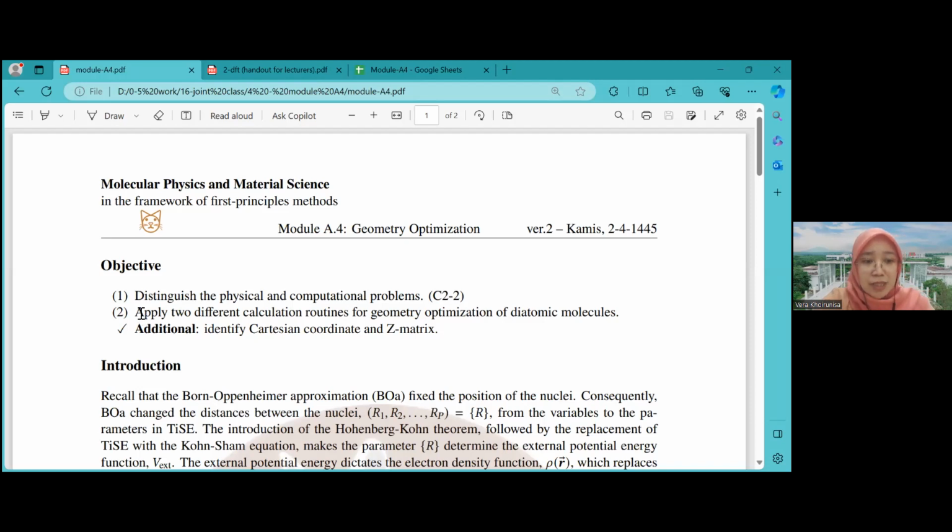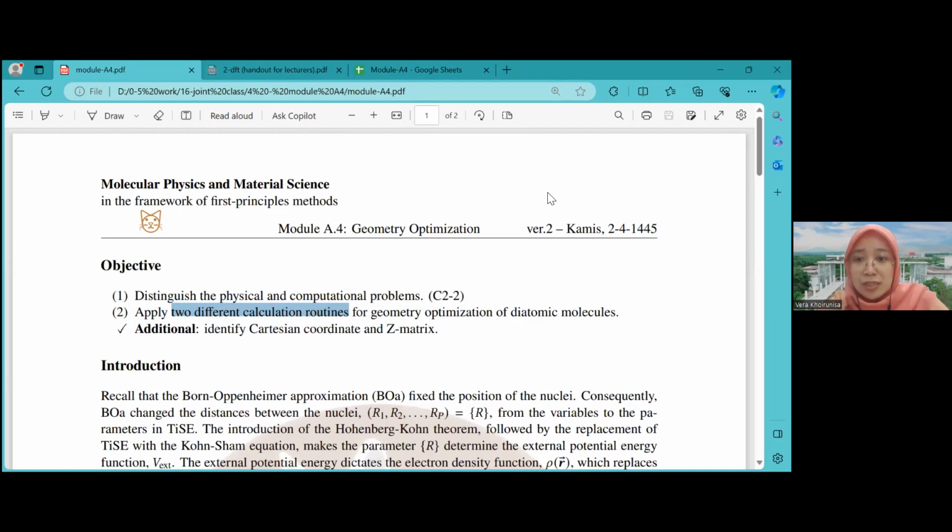The second objective is to apply two different calculation routines for geometry optimization of a diatomic molecule. Additionally, we will identify Cartesian coordinates and the Z matrix. So today you will learn about two new calculation routines for geometry optimization.